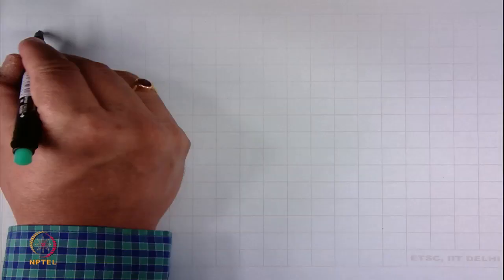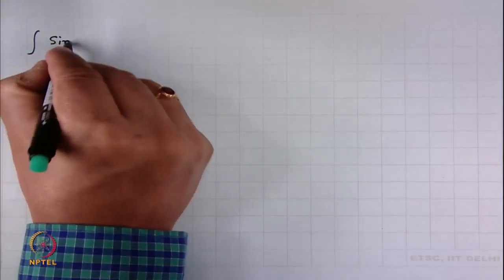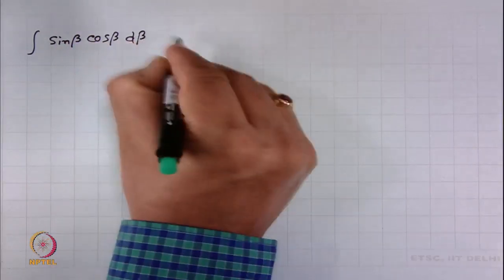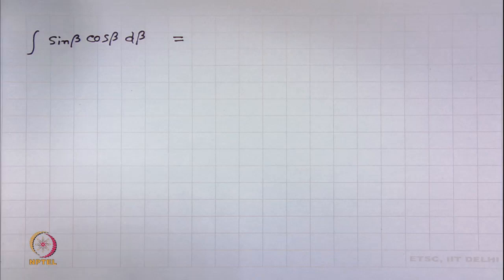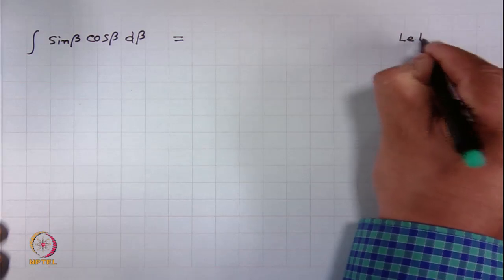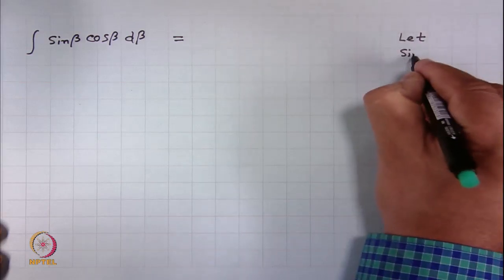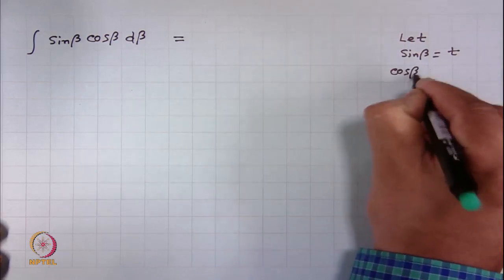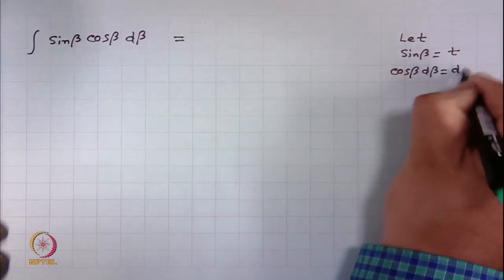First is integration sin beta cos beta d beta. Let sin beta is equal to t. So, cos beta d beta is equal to dt.